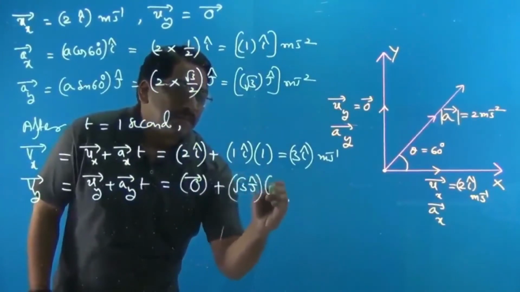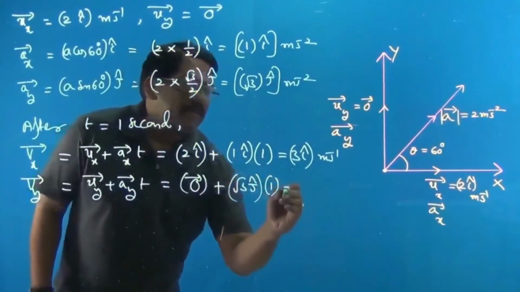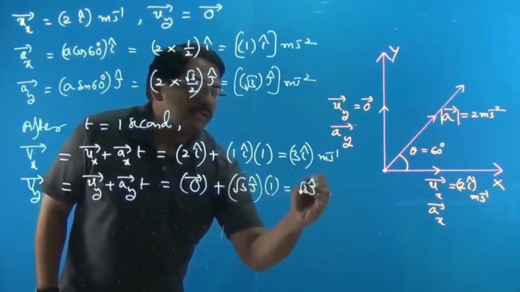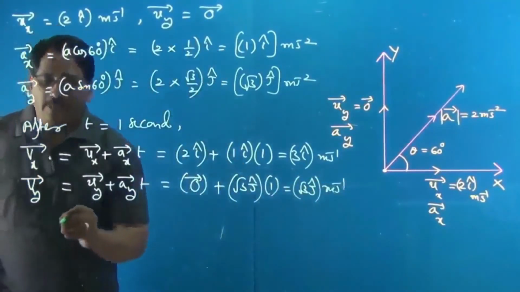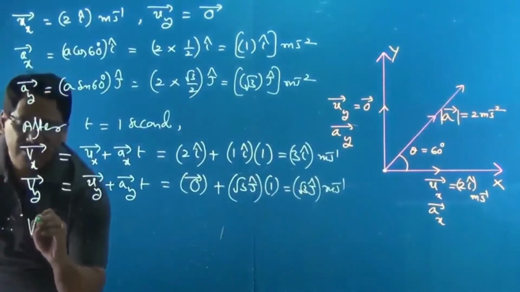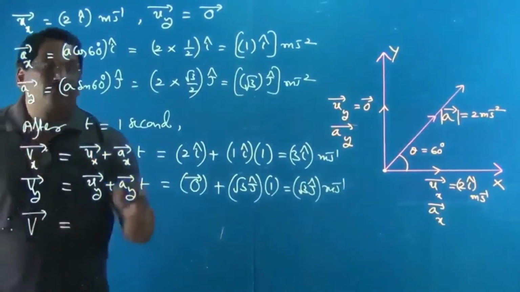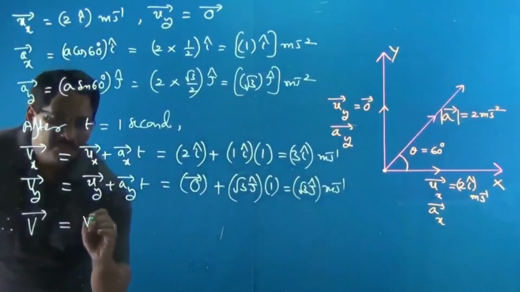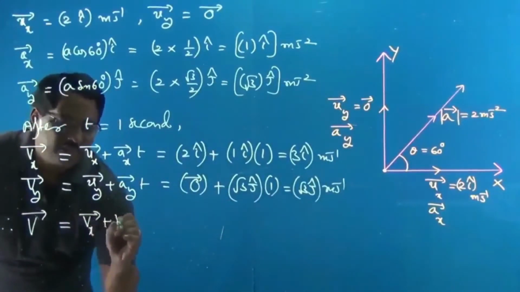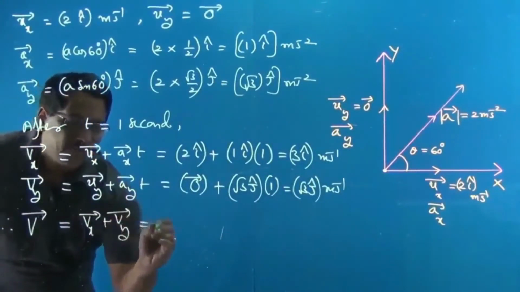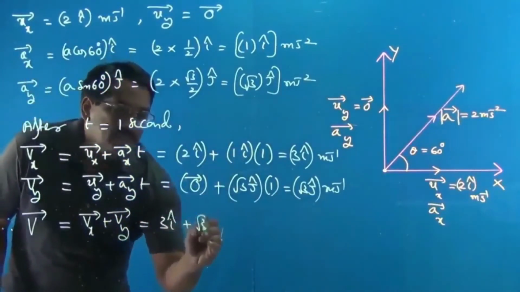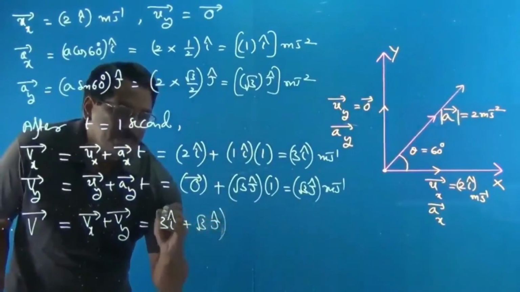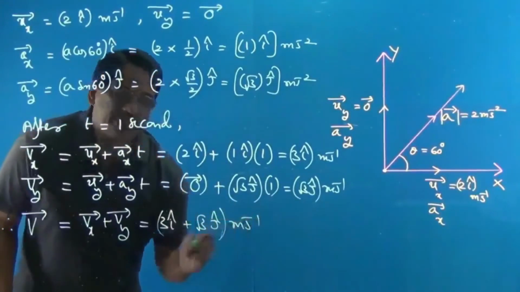The time is again 1 second, and this is root 3 j cap meter per second. Therefore, the velocity vector of the particle after t equal to 1 second is Vx bar plus Vy bar, which is equal to 3 i cap plus root 3 j cap meter per second.